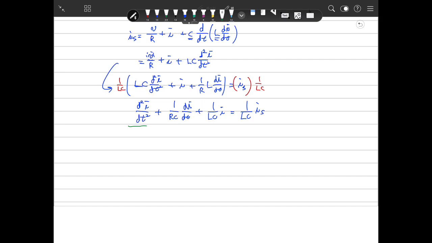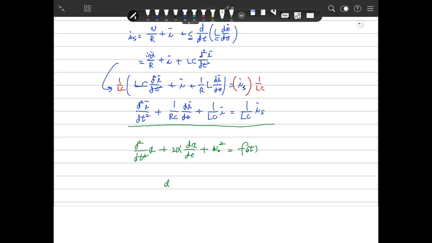This is the general form of a second order differential equation. The general form is d squared x over dt squared plus 2 alpha dx/dt plus omega 0 squared x is f(t).